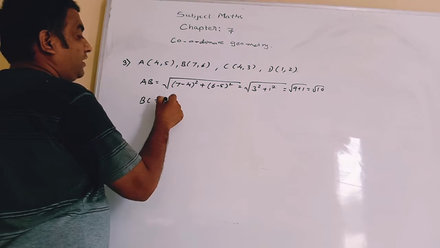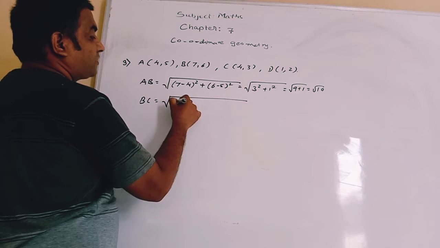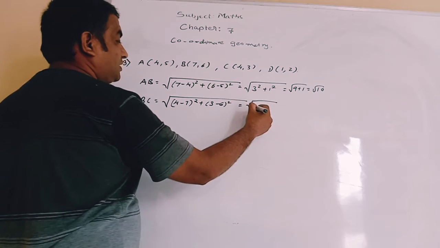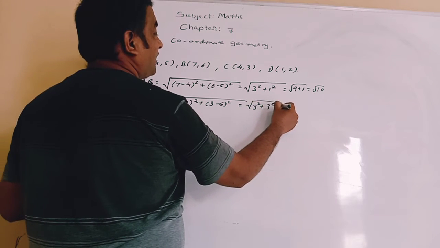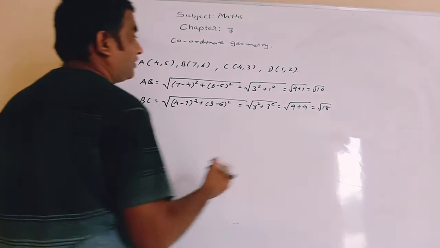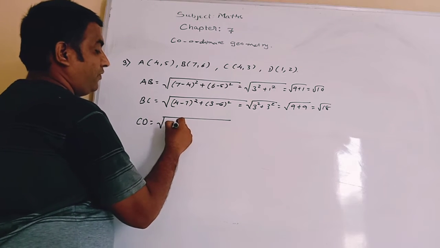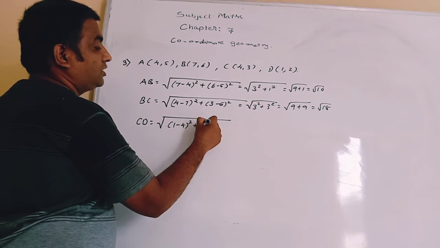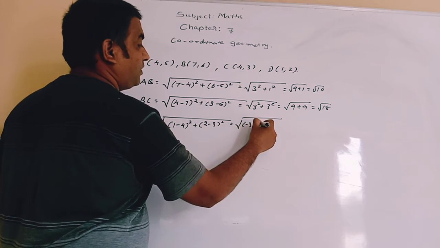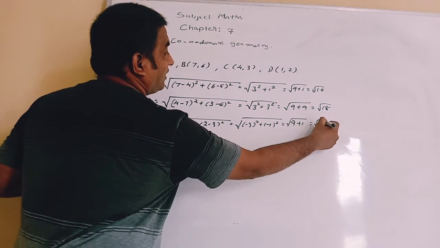BC we calculate, then (4 - 7) square plus (3 - 6) square, so it is 3 square plus 3 square, 9 plus 9, root 18. Now CD we calculate, (1 - 4) square plus (2 - 3) square, so it is -3 square plus -1 square, which is 9 plus 1, so root 10.